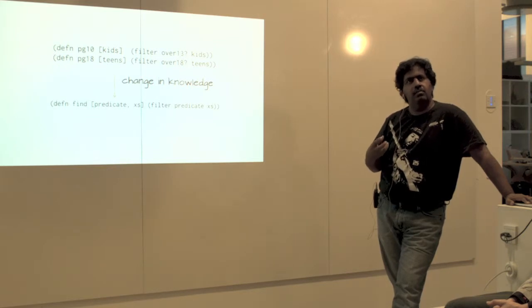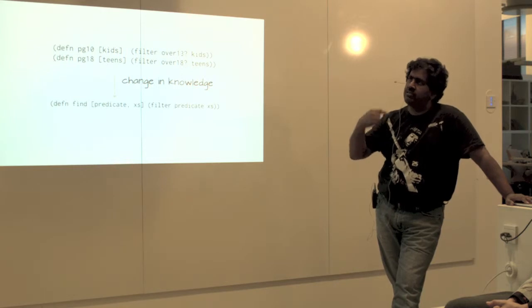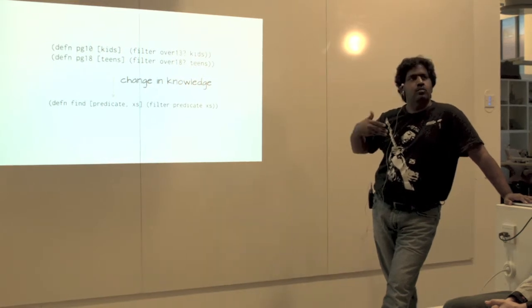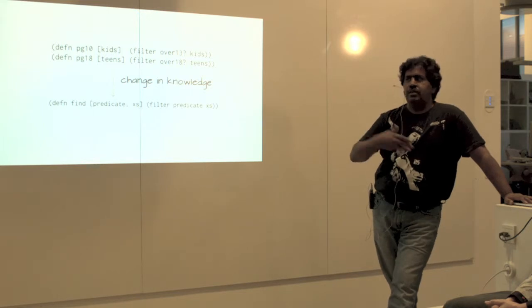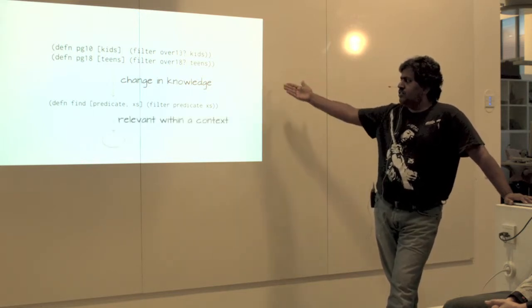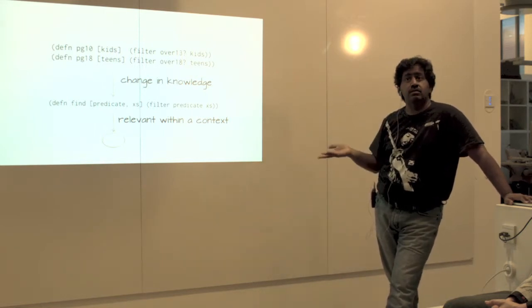The fact that it's now unbound to that particular domain means that it is a different thing altogether. It's expecting us as software developers to think at a different level of abstraction. And so this is not motivated anymore by just a few refactoring steps to clean up the code. It's a change of knowledge, and it's relevant within the context or relevant across many contexts.